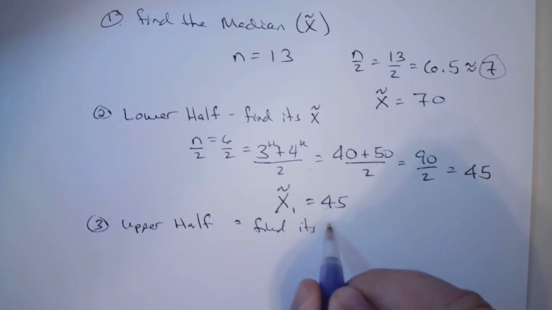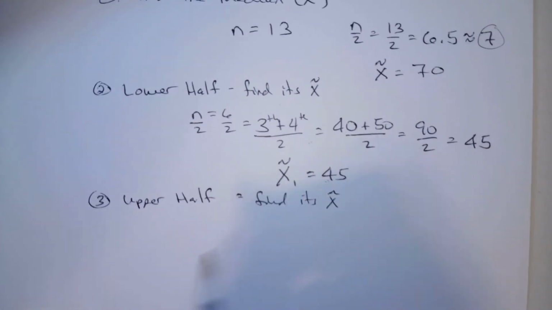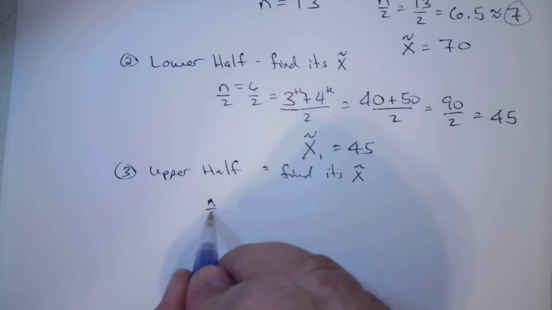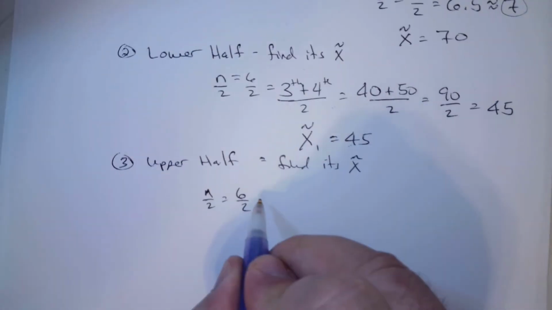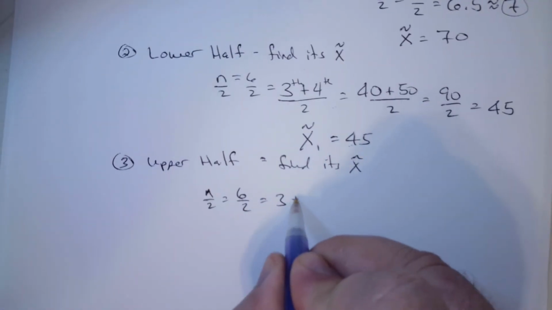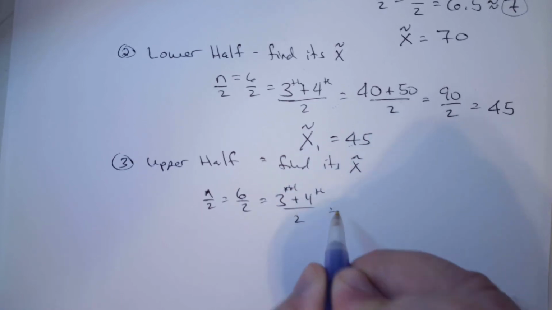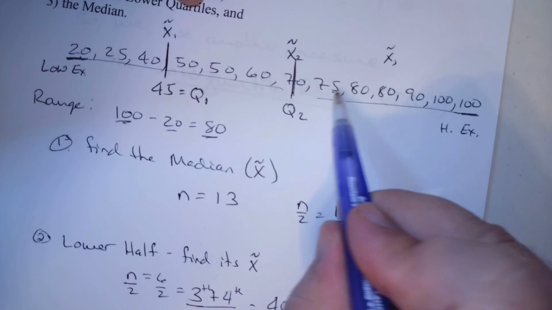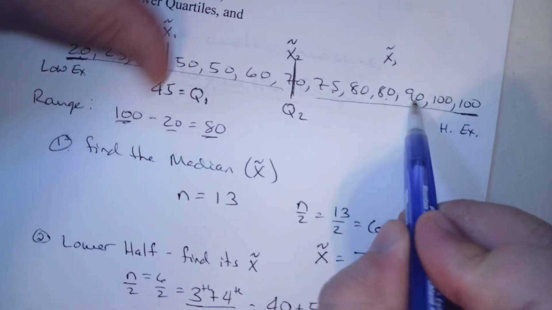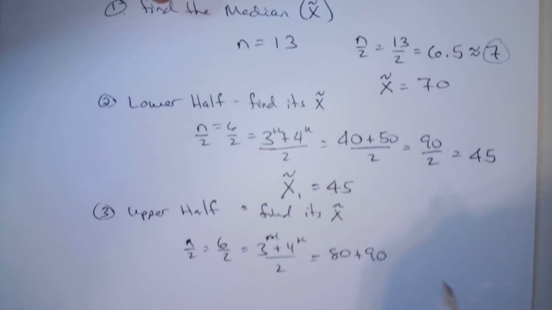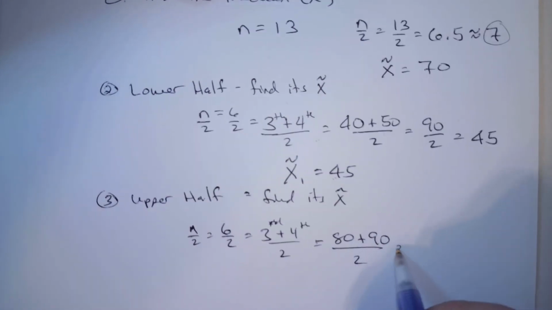Find its median. Again, we have 1, 2, 3, 4, 5, 6. N divided by 2, 6 divided by 2 is 3. So go to third and fourth locations. Get the numbers. 1, 2, 3 is 80 and 90. Divided by 2.